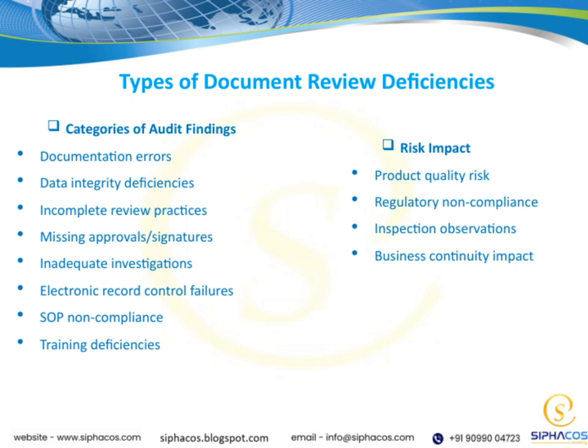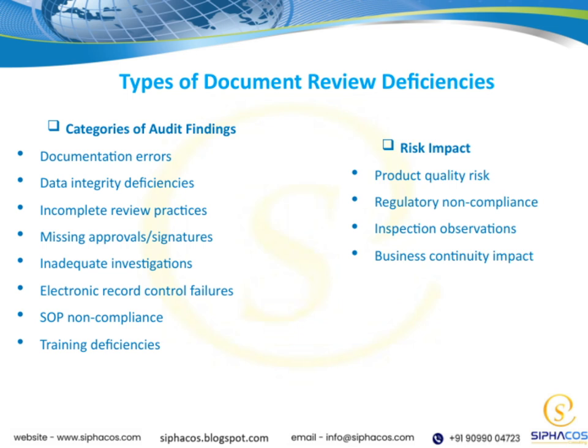Failing to meet regulatory standards can lead to penalties, recalls, or even loss of license. Inspection observations are often indicators of underlying issues and can highlight areas where our processes need strengthening. All of these factors can impact business continuity, potentially causing disruptions that affect our supply chain, market trust, and financial stability.